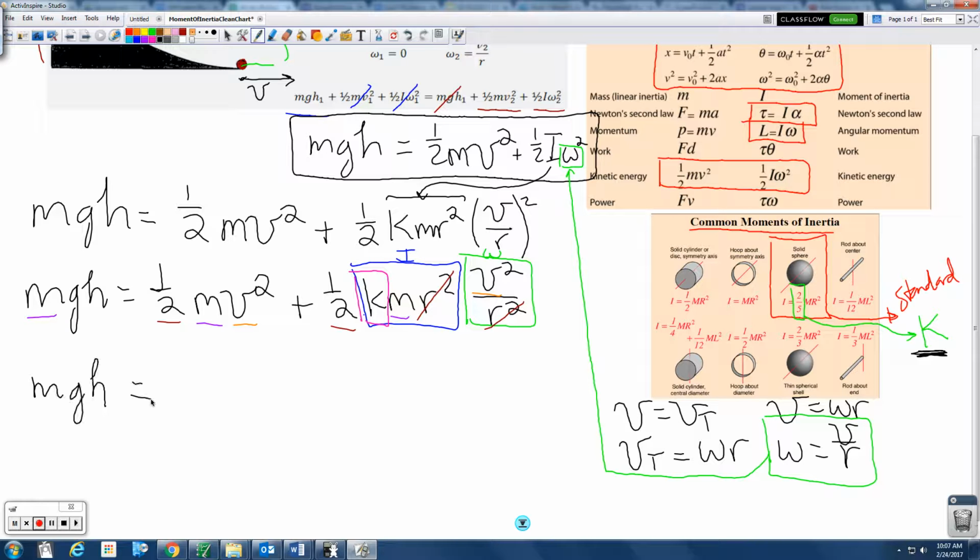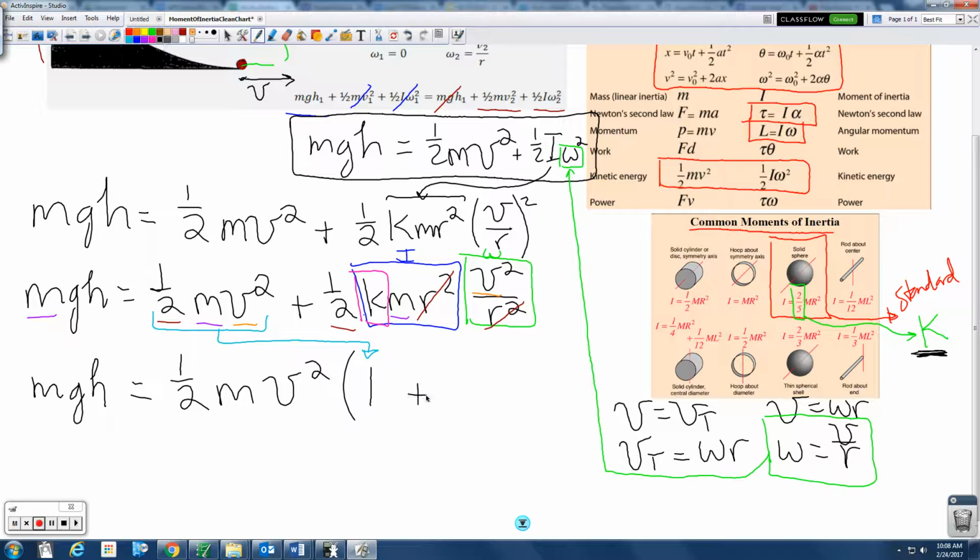mgh, initial potential, equals the sum of my kinetics, and I can pull out my 1/2, I can pull out an m, I can pull out a v squared. Distribute this, I have 1/2 mv squared times 1. Let's use turquoise, light blue. That's how I factored that.